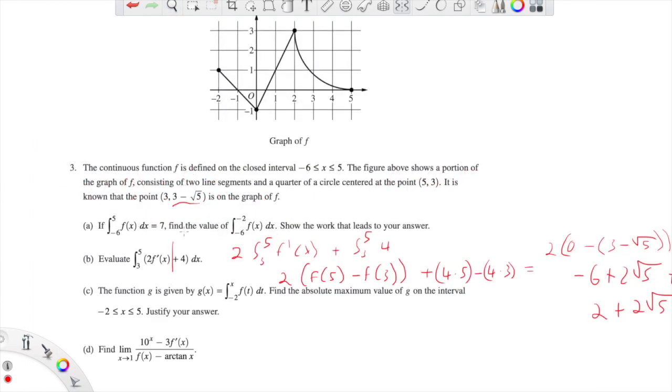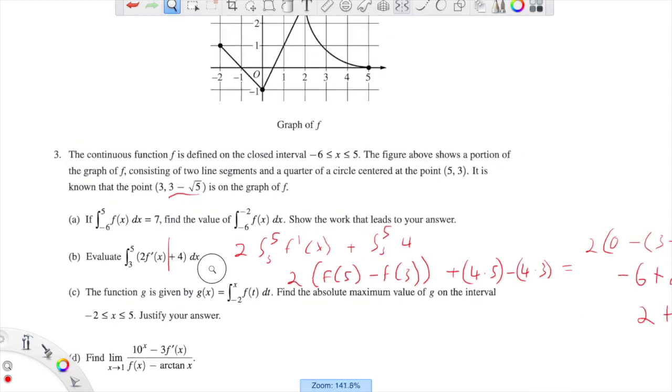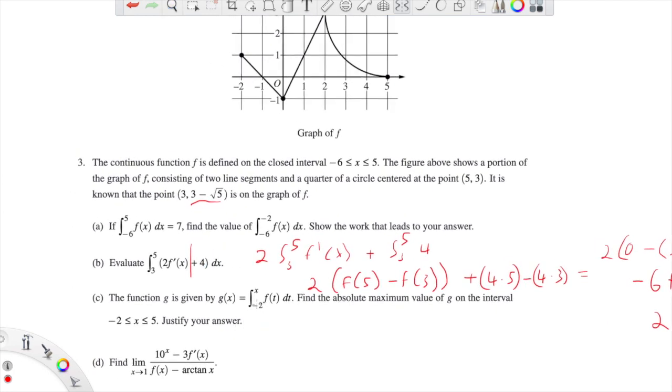So in part C, we're given that the function g, given by g of x equals the integral from negative 2 to x of f of t dt. And then it tells us to find the maximum value of g on the interval of negative 2 to 5, right? So basically, they're telling us that g is the integral of this function f, and they're telling us to find the maximum value.